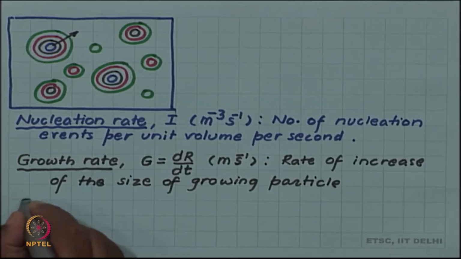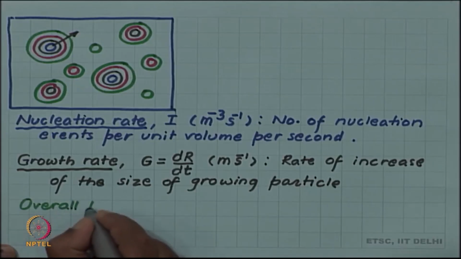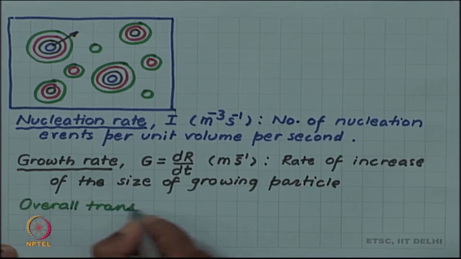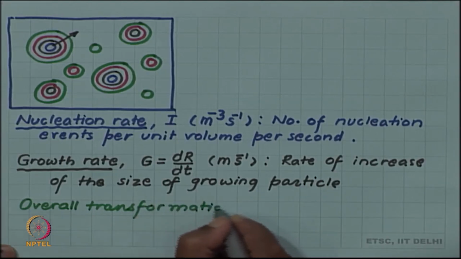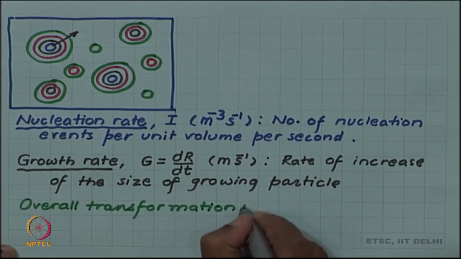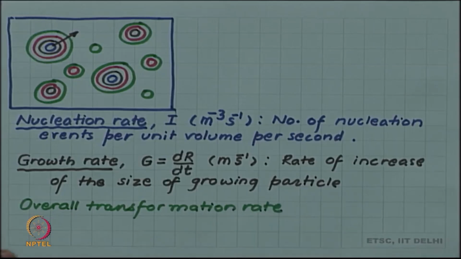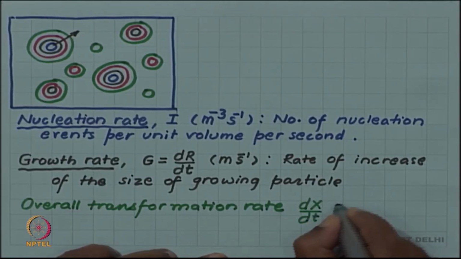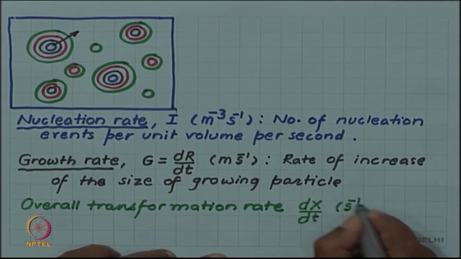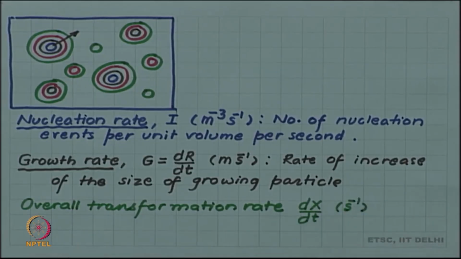Then we have an overall transformation rate, which we represent dx by dt, and the unit is only per second, where x is the fraction transformed.